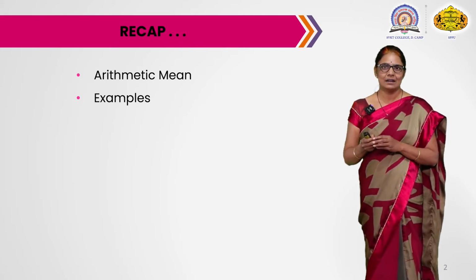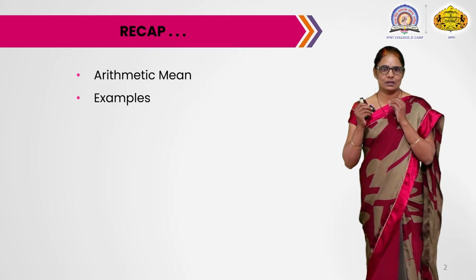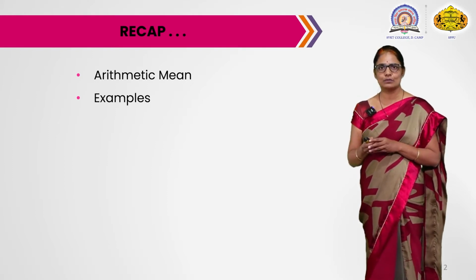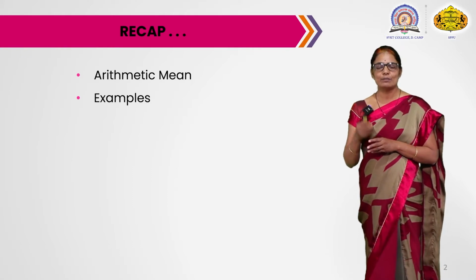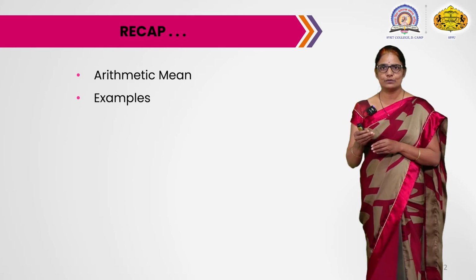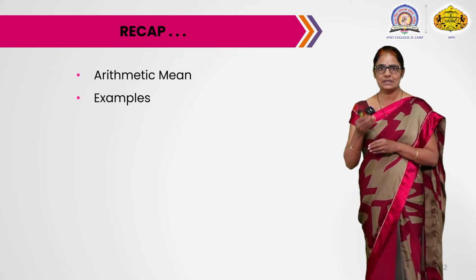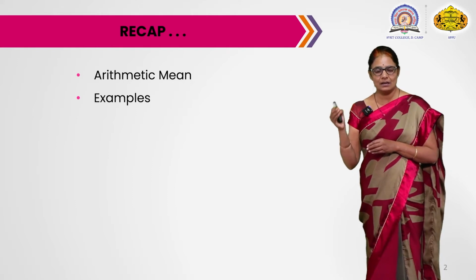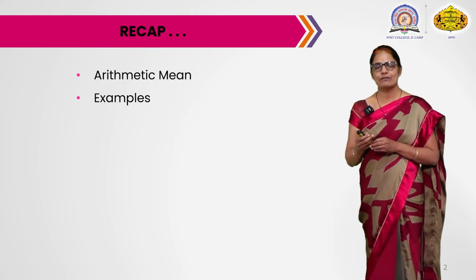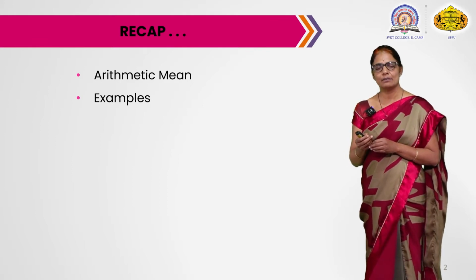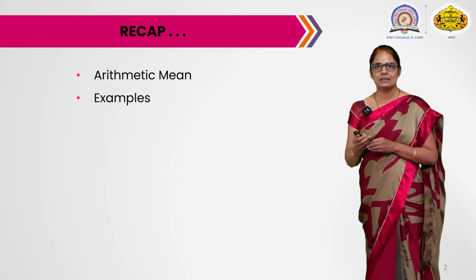Also we studied the arithmetic mean, or simply mean, for two groups. For the combined arithmetic mean, suppose we are provided two groups: the first group with n1 observations and the corresponding mean x1 bar, and the second group with n2 observations and arithmetic mean x2 bar.